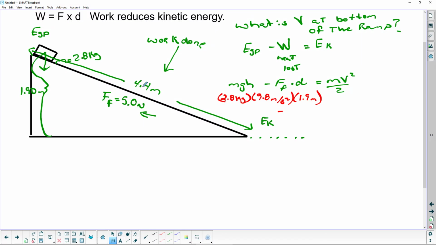So that's 5 newtons times 4.4 meters. And that's going to equal our kinetic energy without a velocity, and we're going to calculate the velocity. So it's 2.8 v squared over 2.